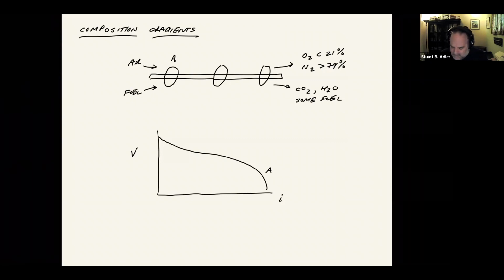But now let's say we look further down the stack. We've used up some of the fuel, so gases have decreased in concentration on the fuel side, and we've used up some of the oxygen. What impact might you expect that to have on the polarization curve?